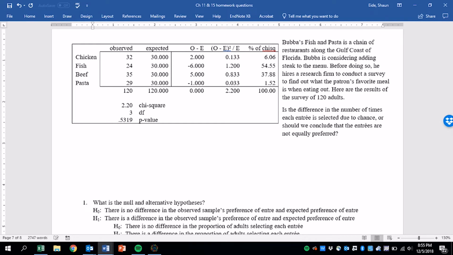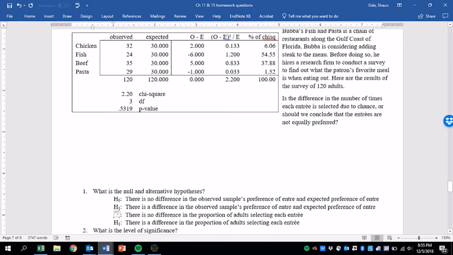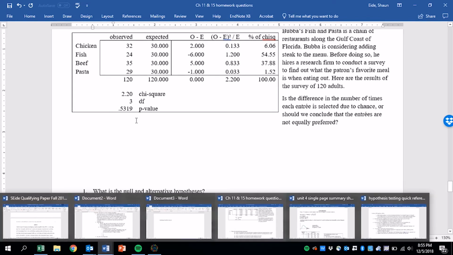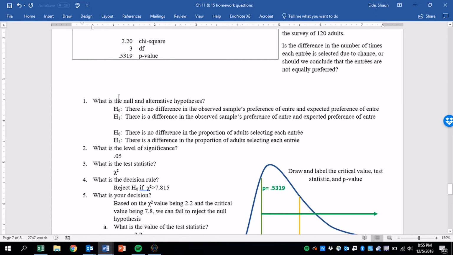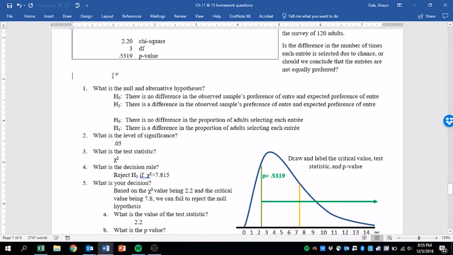In this particular situation, a lot of times when we're doing null and alternative hypotheses, the alternative hypothesis is what we actually expect to happen, and the null hypothesis is what we don't expect to happen.